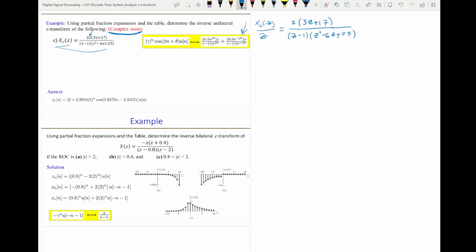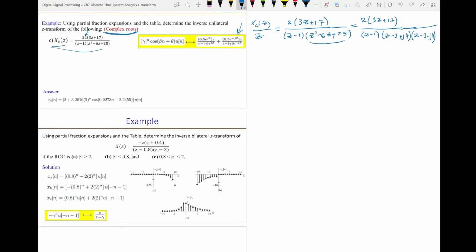And now, when we factor these, we will discover that it has a complex root. And we use a calculator or the quadratic equation, we will find it to be the following. And the next one will be the conjugate. So it will be z minus 3 minus j4.